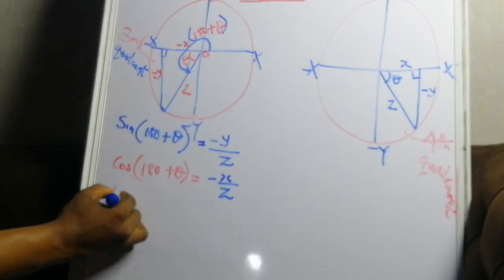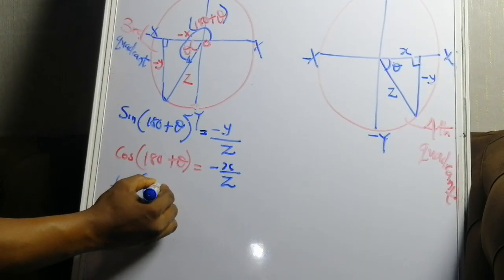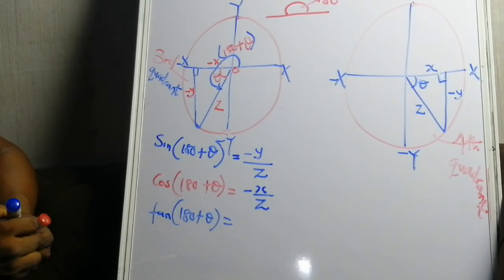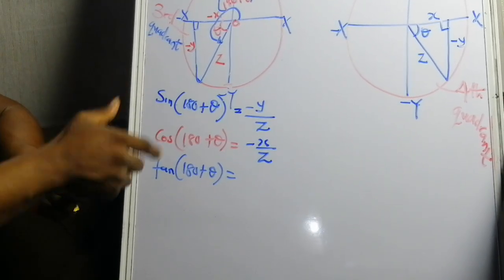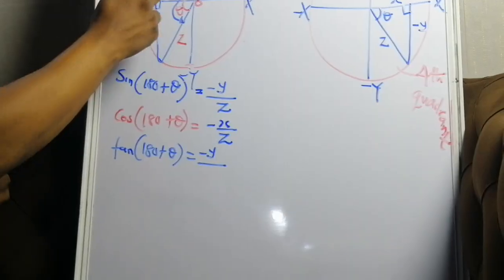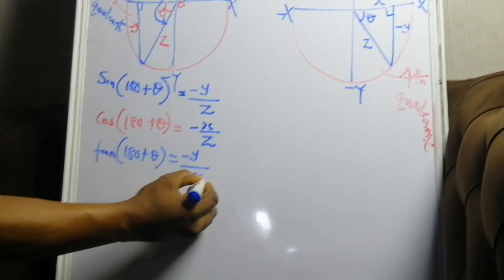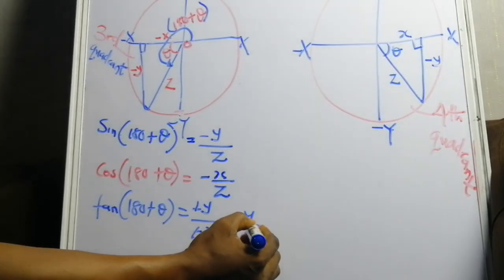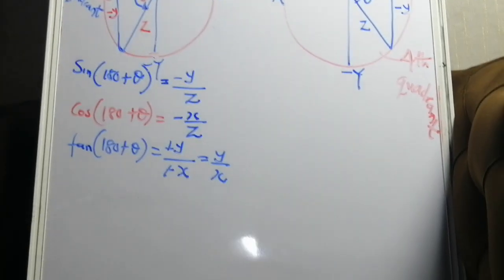Then tan of 180 plus theta will now be TOA, that is minus y over minus x. And this is the same thing: minus will cancel minus, and then you have y over x.